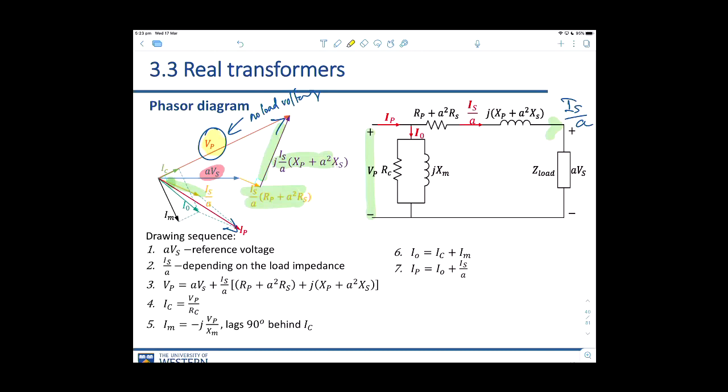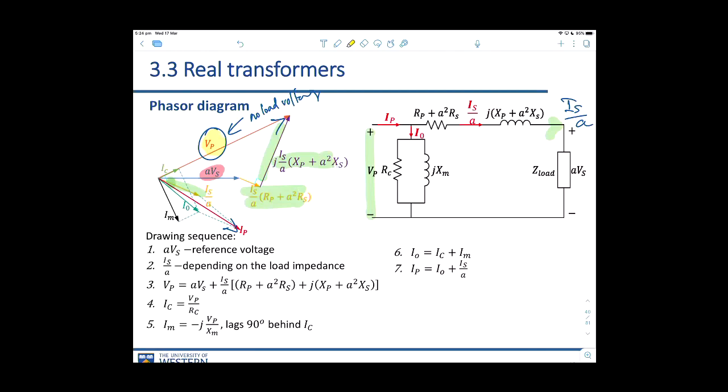Then the voltage drop across the series inductance will be 90 degrees ahead.